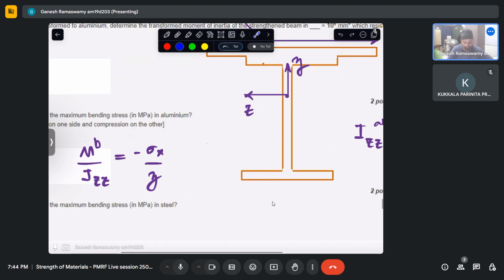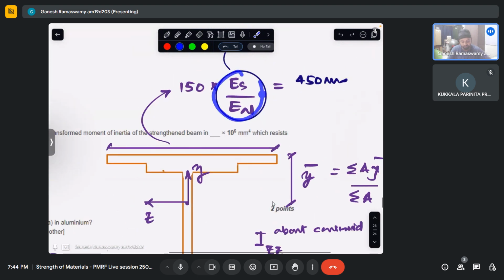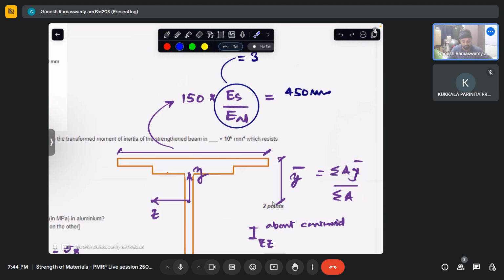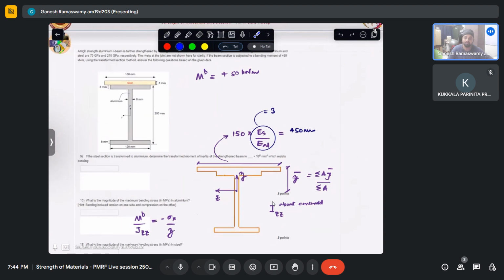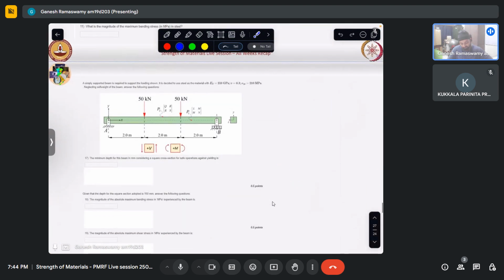In order to find it in the actual material, we will have to multiply this by the reciprocal of the scaling factor. So you may visit the section where we have discussed unsymmetrical bending and give this question a try. I'm just covering the basics of the concepts involved, because my idea is not to solve every question threadbare, as I'll run out of time. Already we are nearing the closure and there is some more ground to cover.